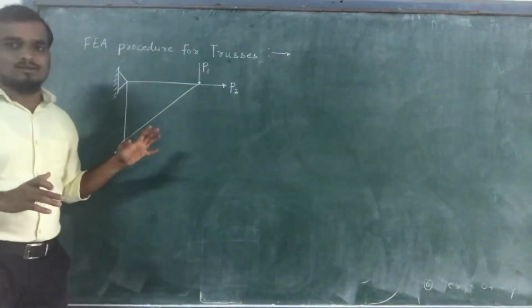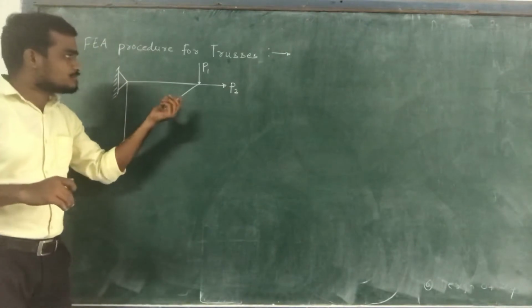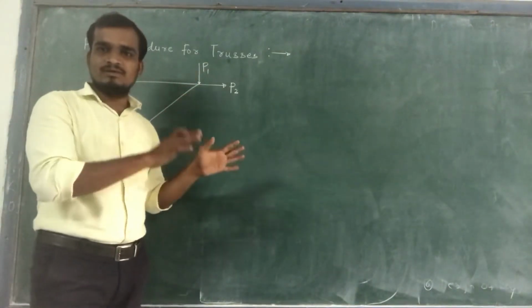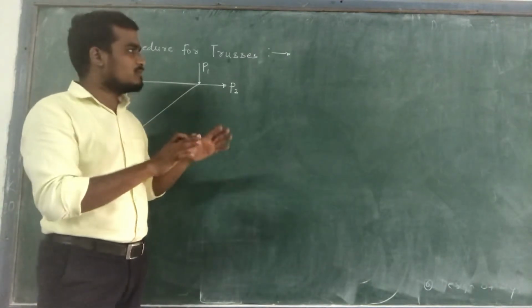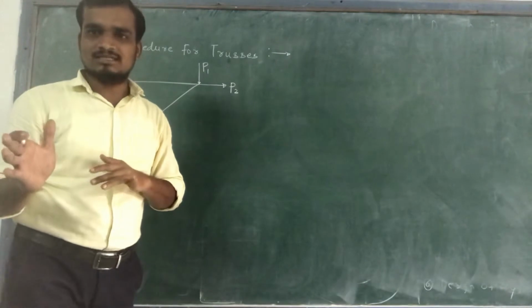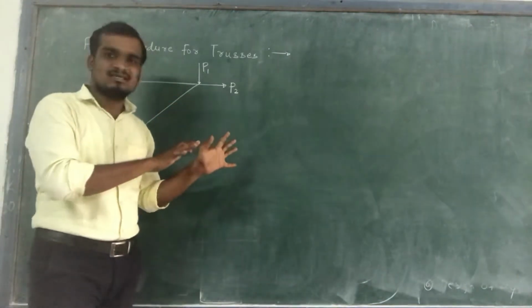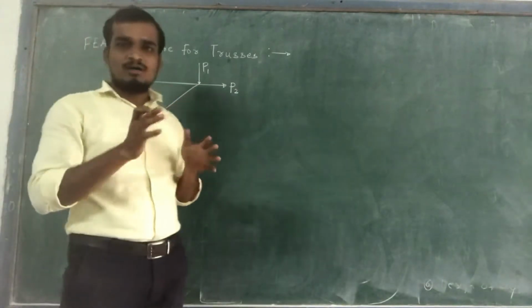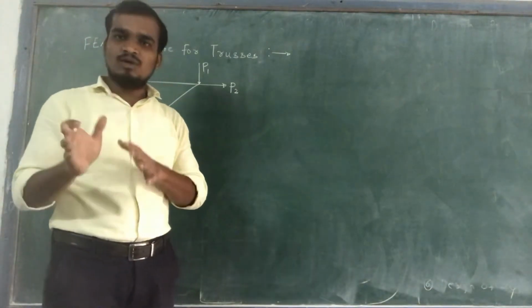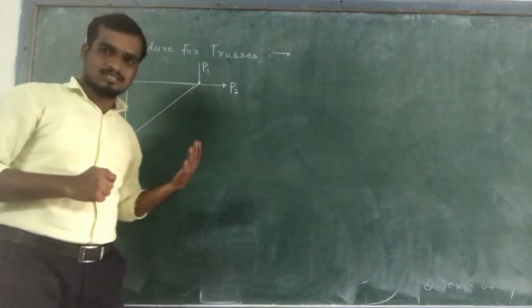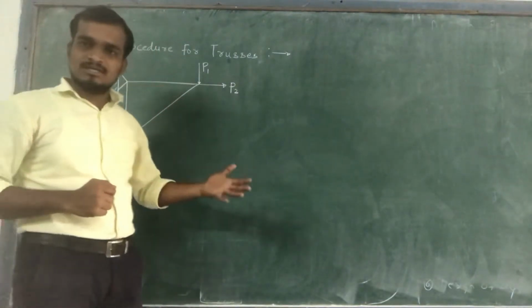Now, as we know from your strength of materials theory, what we mean by determinate structures and indeterminate structures. If the number of unknowns is less than or equal to the number of equilibrium equations, then such structures are called determinate structures.